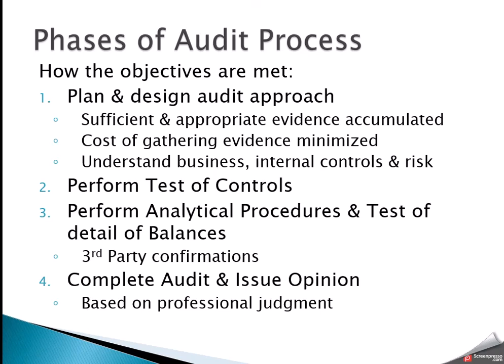Then we're going to actually perform our test of controls to understand, again, that internal control structure, which helps us to assess our level of risk. We're going to perform analytical procedures and test of details of balances. Our analytical procedures consist of looking at the financial information and just getting comfortable with that account balance.